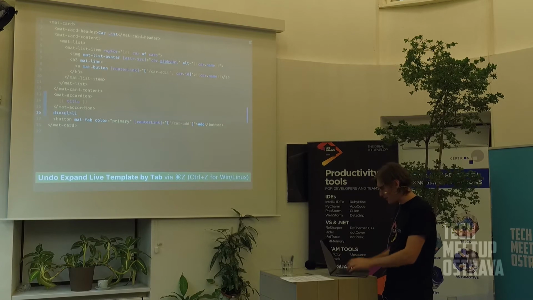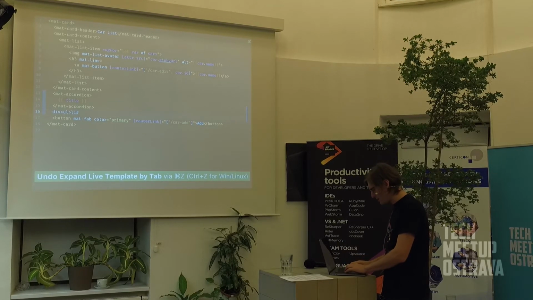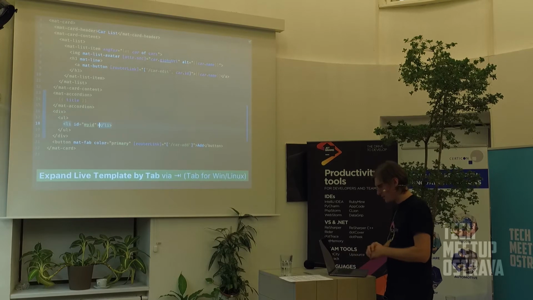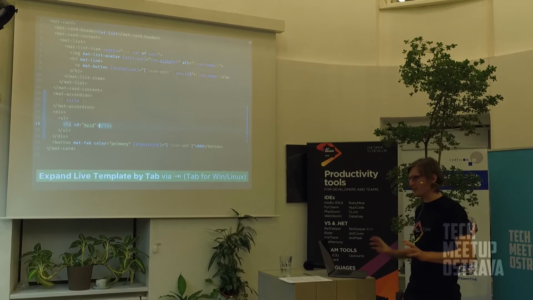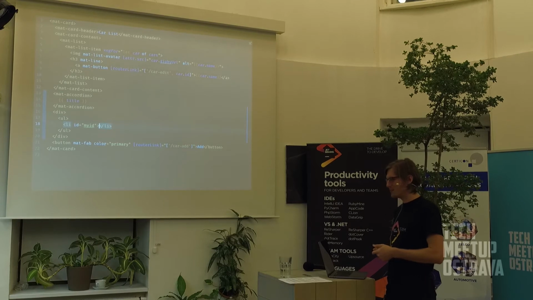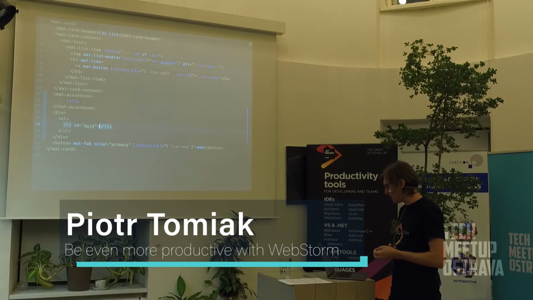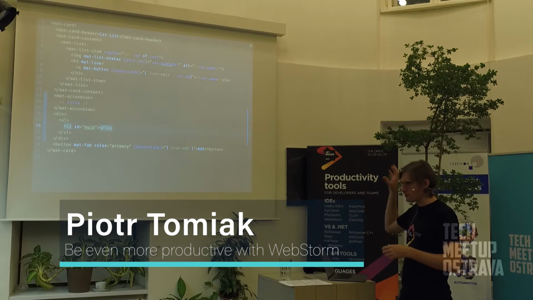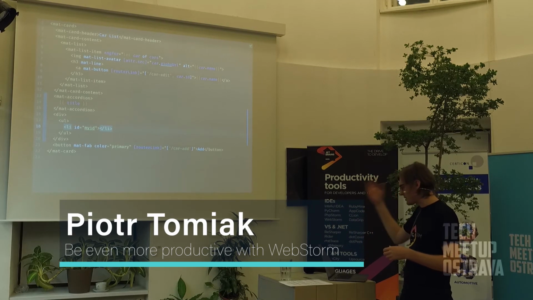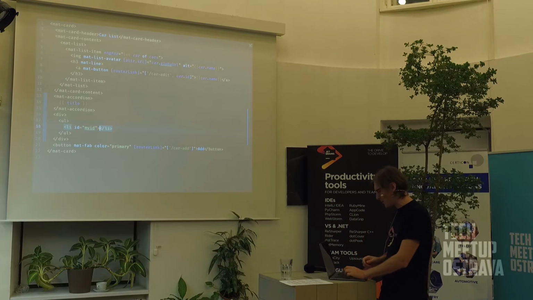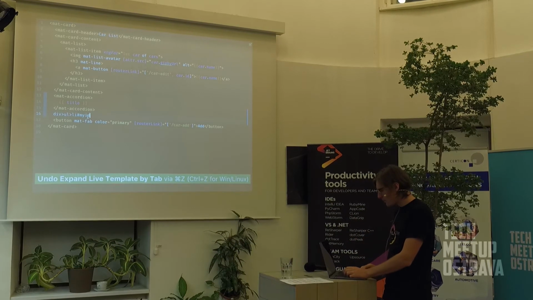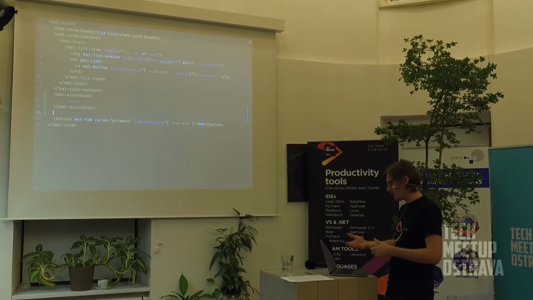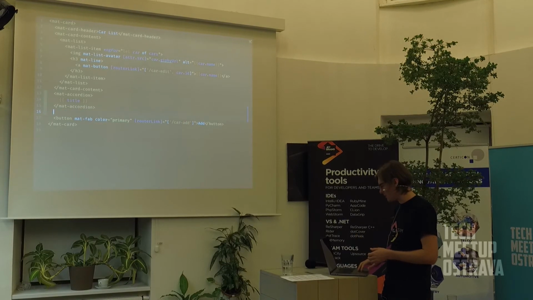So I would like to write something like that, or maybe add some ID, and that would quickly scaffold the HTML elements for me. I'm not very familiar with Emmet, but you can also specify how many times you want to repeat something, and it's quite powerful. And if you're doing a lot of front-end, that's probably a really time-saving feature.